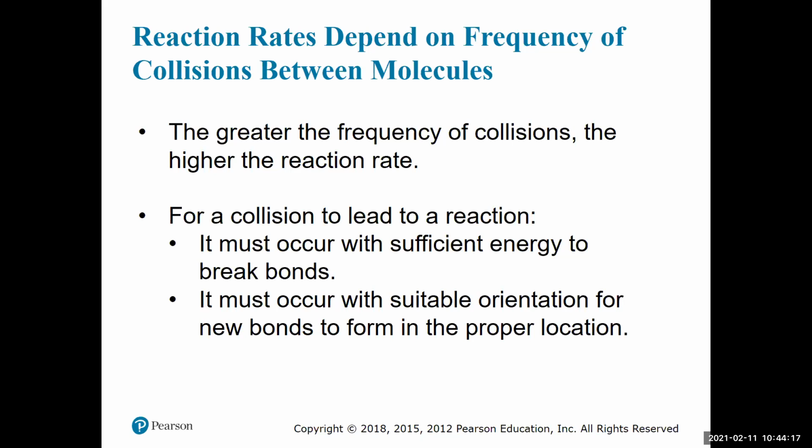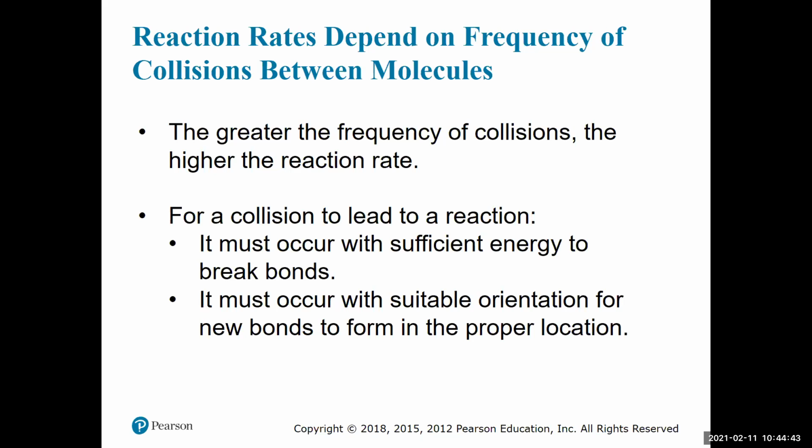So just because two molecules collide, though, doesn't mean that you're going to get the reaction or that you're going to get the reaction that you want. So first of all, you have to have the collision. That's step one. Then the next thing is it has to occur where you have the right amount of energy to break bonds. Remember, we said that to break bonds, you have to put energy in.